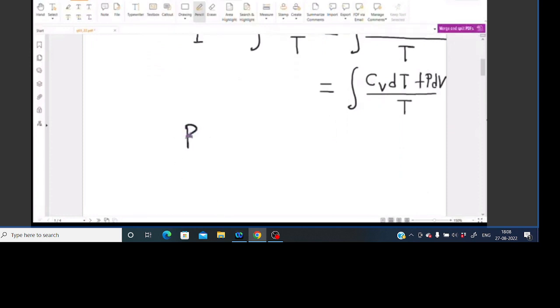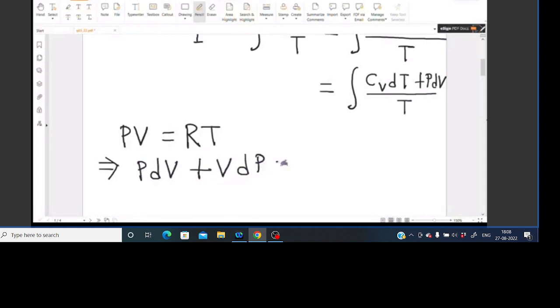For 1 mole of ideal gas, we have PV equal to RT, where R is the universal gas constant. So let's take differentiation on both sides of this equation. So we have P dV plus V dP equal to R dT.